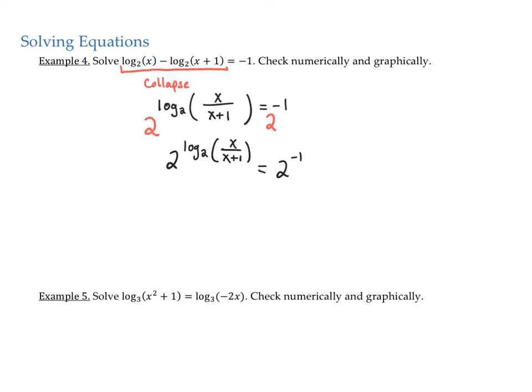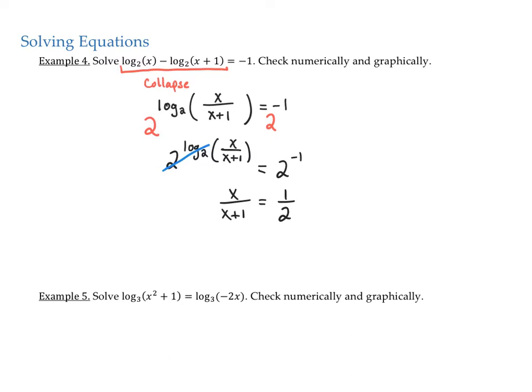Our cancellation properties say that when we compose an exponential function with a logarithm of the same base, they cancel each other. And so I'm left with x over x plus 1 equals 1 over 2, because 2 to the -1 is the same thing as 1/2.